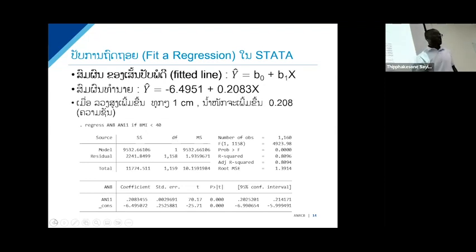If the slope is equal to 0, it means there's no relationship between the response and the covariate. Right?